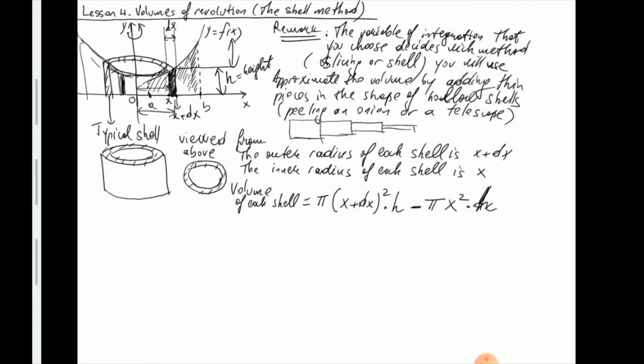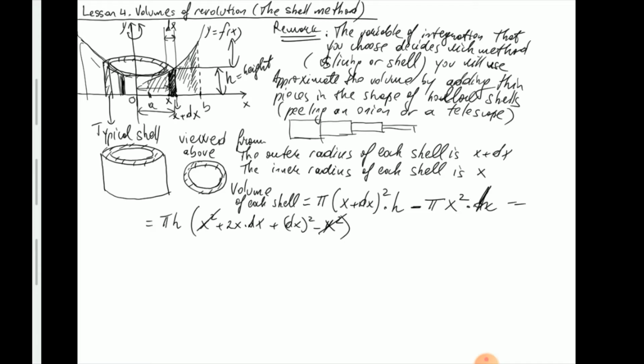Now we can pull out pi h, and expand this. So this is going to be x squared plus 2x times dx plus dx squared, and then minus x squared if we pull pi h out. Now x squared cancels, and keep in mind that the volume of this shell is basically what comes in each term of the Riemann sum.